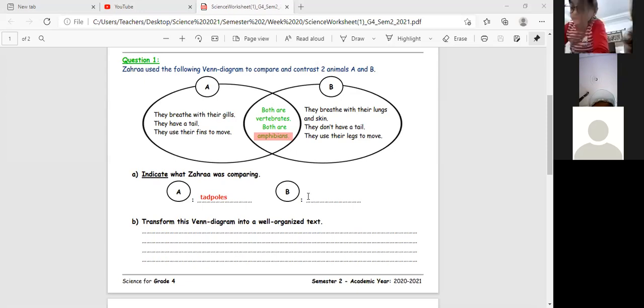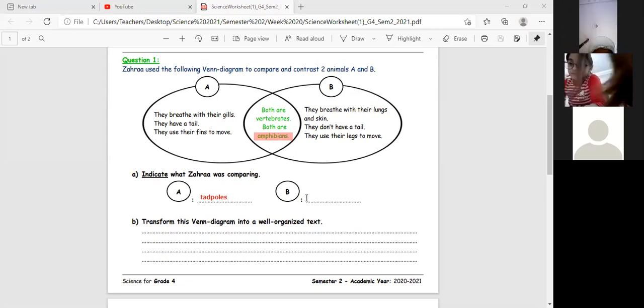B is what? Adult frog. It's an adult frog. So Zahra was comparing a tadpole and an adult frog.